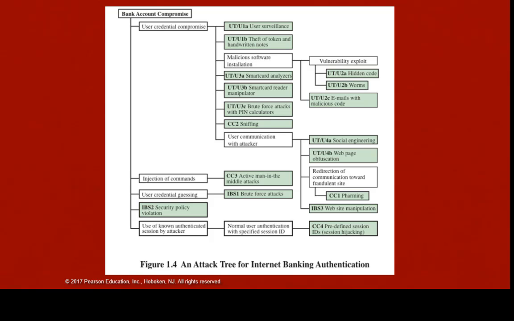Injection of commands. In this type of attack, the attacker is able to intercept communication between the UT and the IBS. Various schemes can be used to impersonate the valid user, which will allow them to gain access to the banking system.